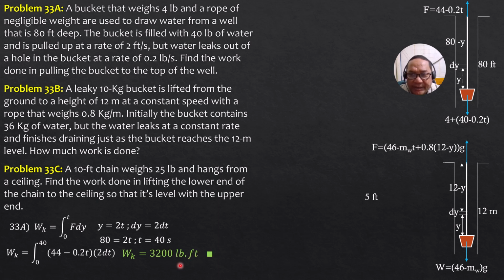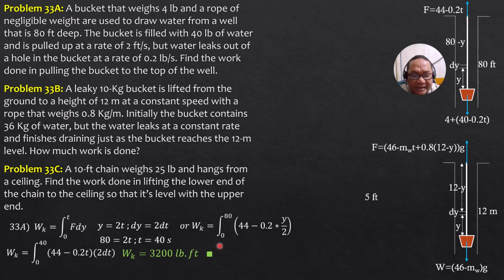So another way is work equals the integral from 0 to 80 feet, because the length of the rope is equal to the depth of the well, 80, and we replace t in terms of y, which is y over 2.